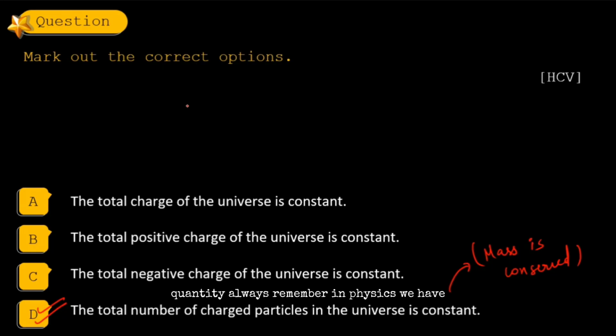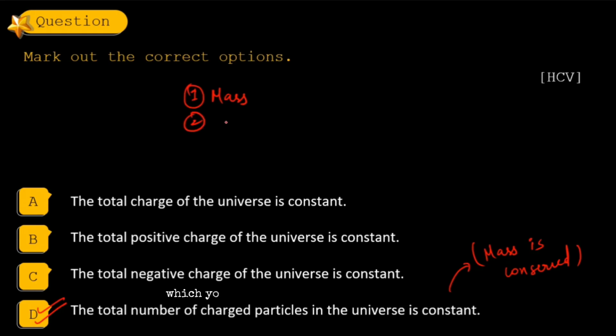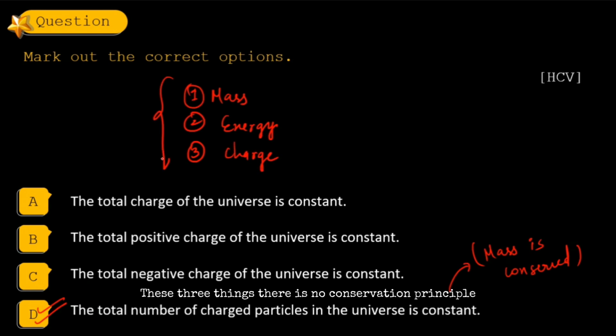Always remember, in physics we have learned only three conservation principles. The first conservation principle is conservation of mass. The second, which you have already learned, is conservation of energy. And the third is conservation of charge. Apart from these three, there is no conservation principle that we follow, neither in physics nor in chemistry.